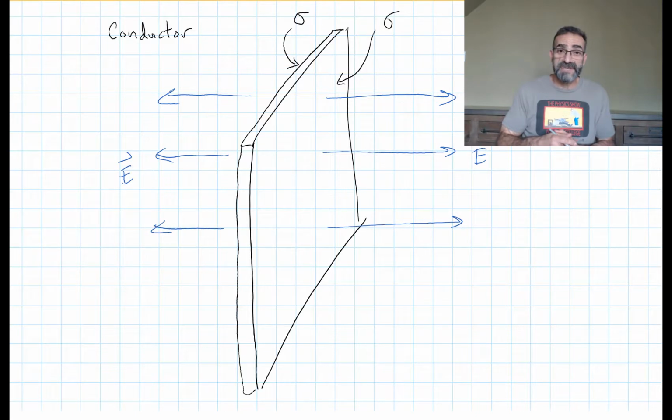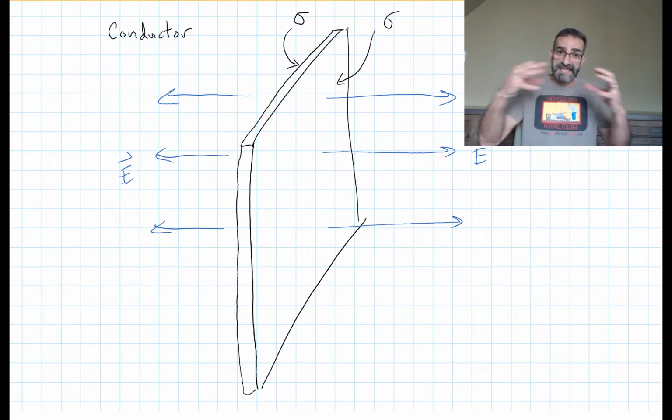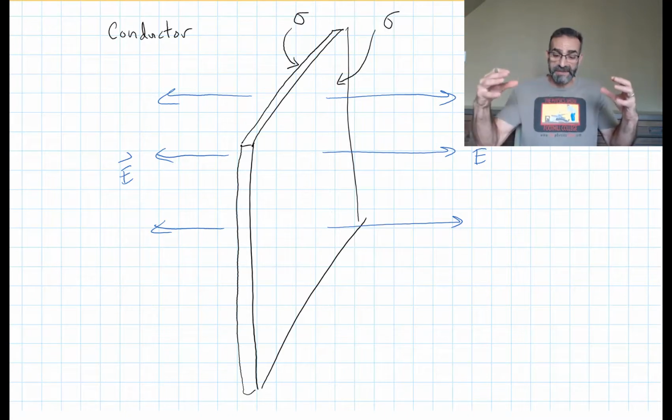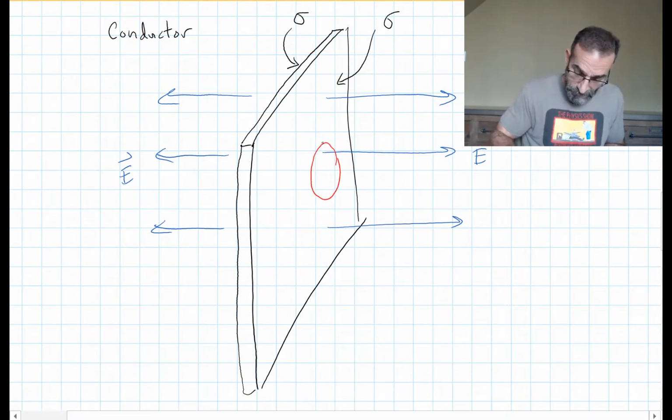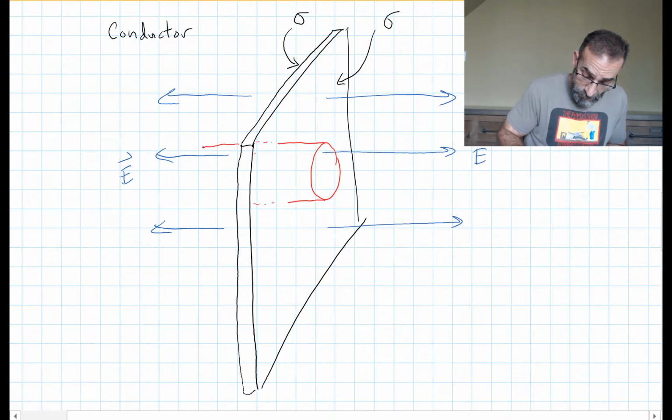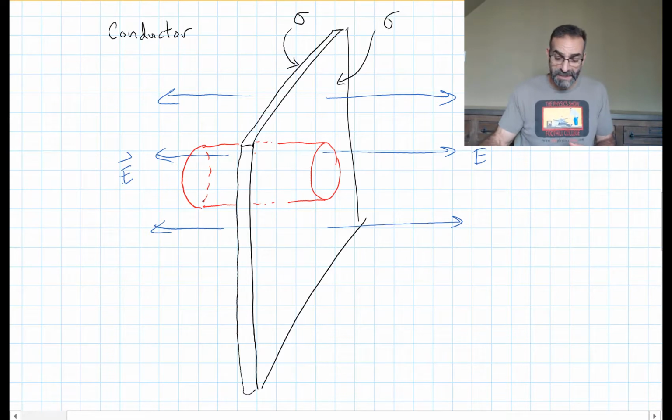We'll pick the same shape we did last time, a cylinder where the axis of the cylinder is aligned with the electric field lines. We want the surfaces of our Gaussian shape to be perpendicular or parallel to the electric field lines. Here's our Gaussian surface.